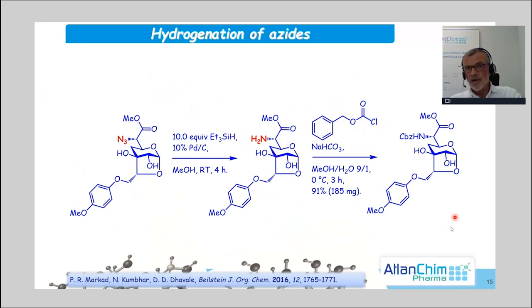The protected amino derivative was isolated in an excellent yield in this two-step sequence.